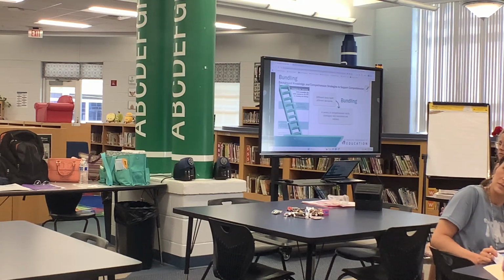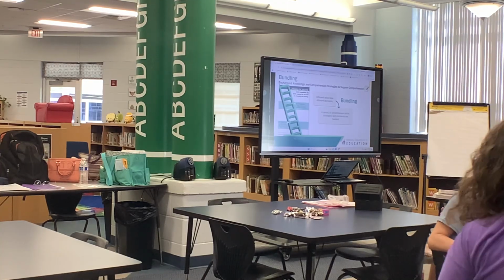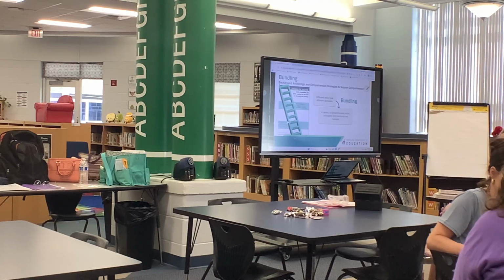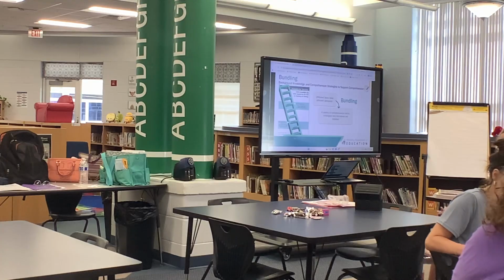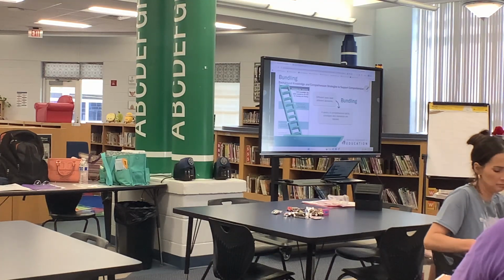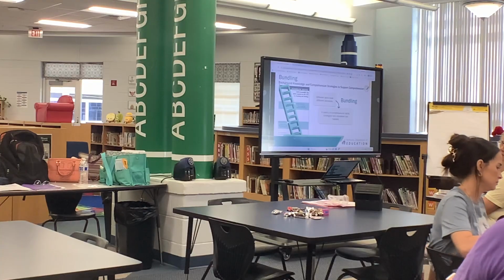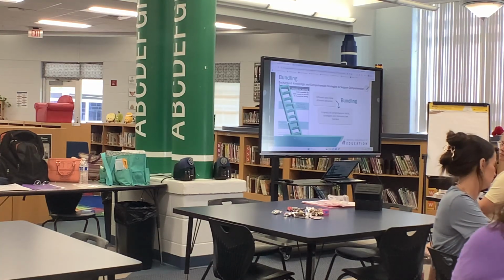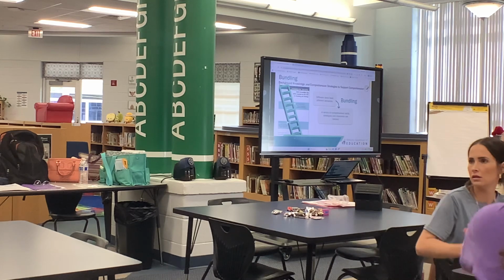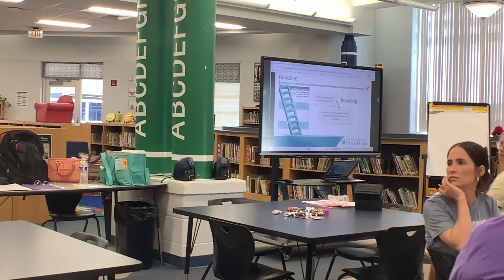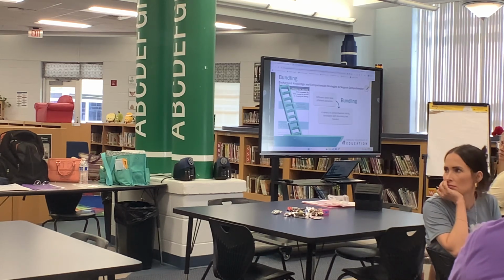But we have to think about that we have a group of kids that just learn differently. And when we used to teach one standard in isolation, how many of us, even for pleasure this summer, were thinking, okay, I'm just going to focus on the character's actions, or I'm just going to think about the theme of this book? We never did that. We as good readers used everything.